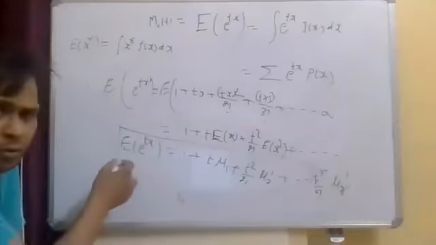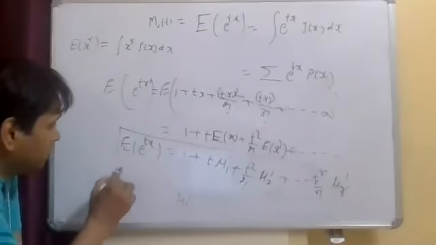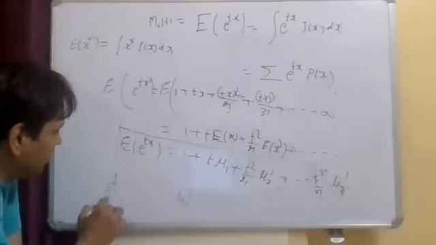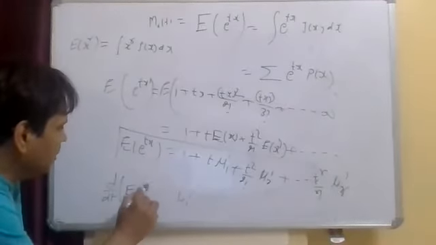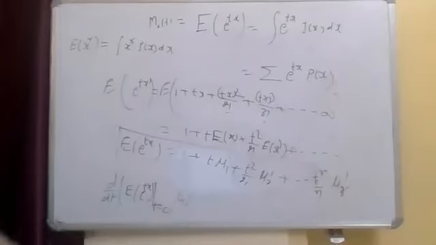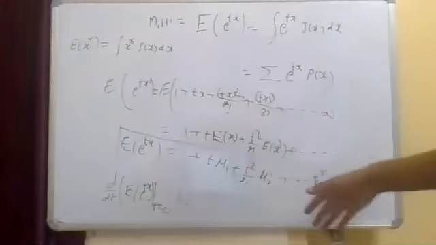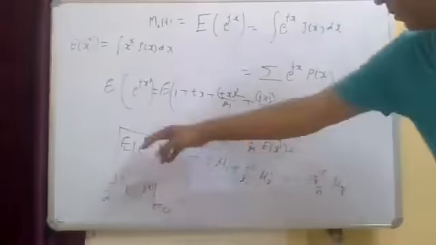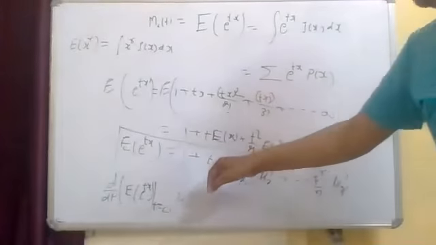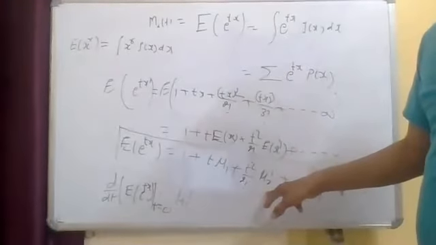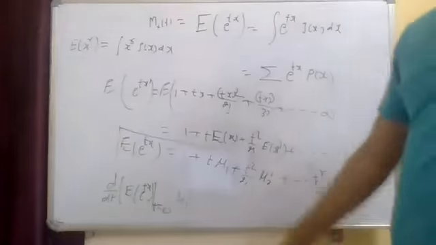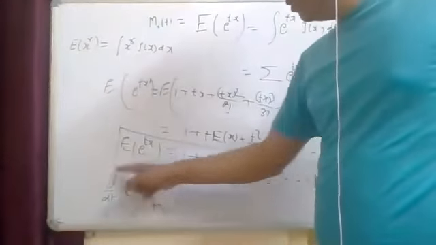So here it will be d/dt of the expectation of e to the power tx at t equal to 0. It's the mu1 dash value. Similarly, differentiate two times in this equation, and this part is 0, this part also 0, it will be mu2 dash. So mu2 dash means we have to differentiate two times.